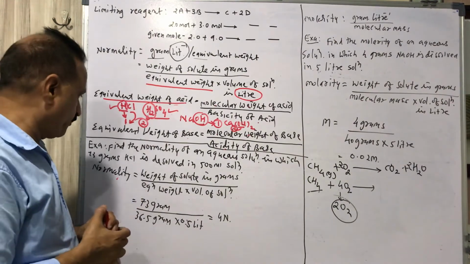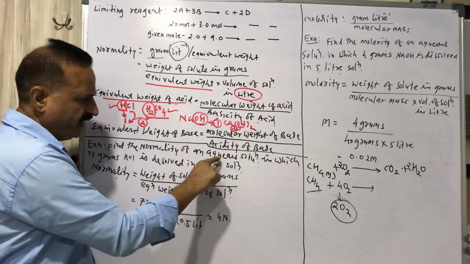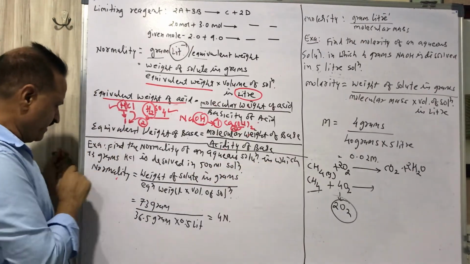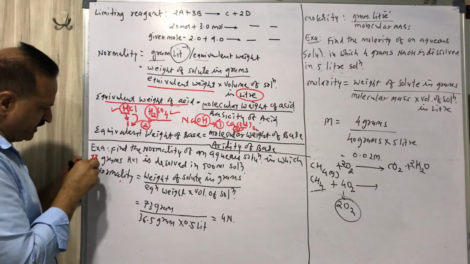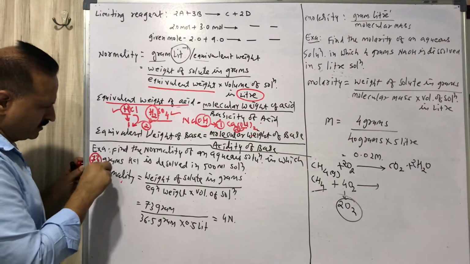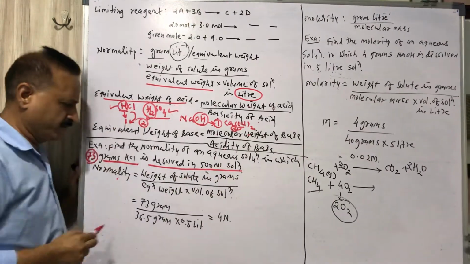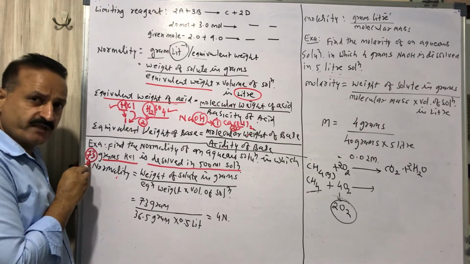Now we have a proper example. Find the normality of an aqueous solution in which 73 grams of HCl is dissolved in 500 ml solution. The weight of solute is given, 73 grams.